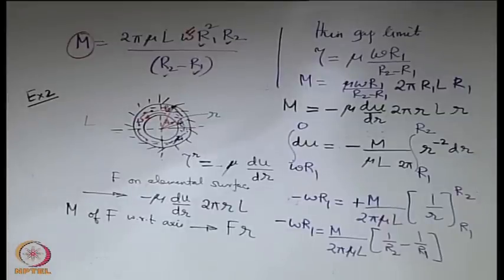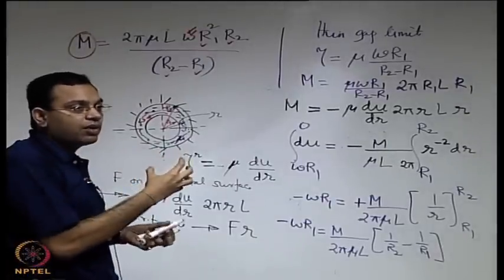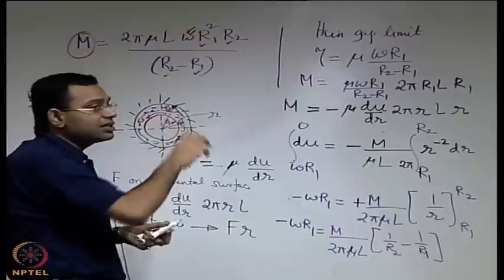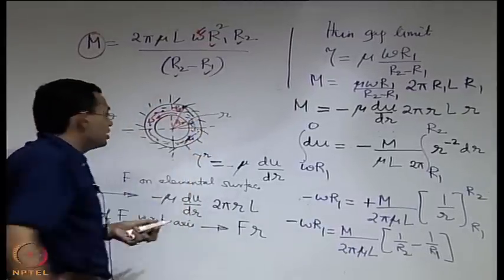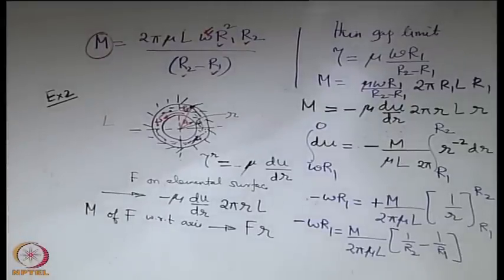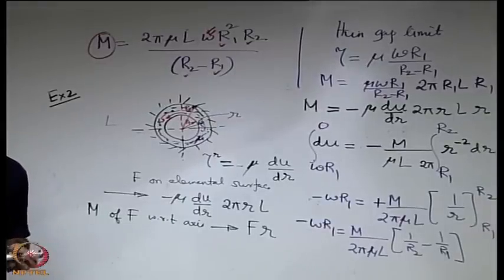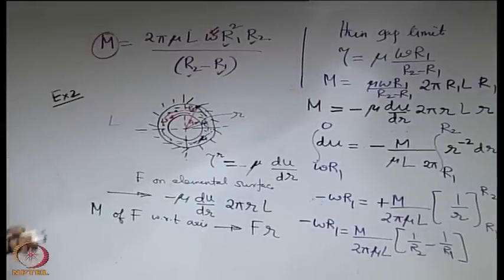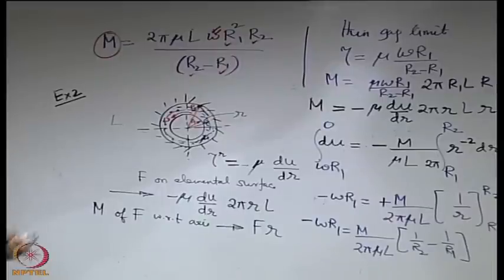So, if you have a careful experiment where you have a proper estimate of the power input as well as the angular velocity at which this inner cylinder is rotating, it will give you a good estimation of the viscosity of the fluid inside, provided it is Newtonian, and that is how you may estimate the viscosity of an unknown fluid, that is a fluid for which you do not know the viscosity.